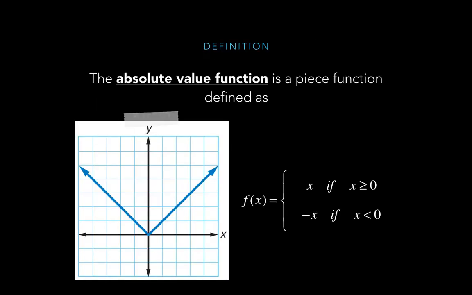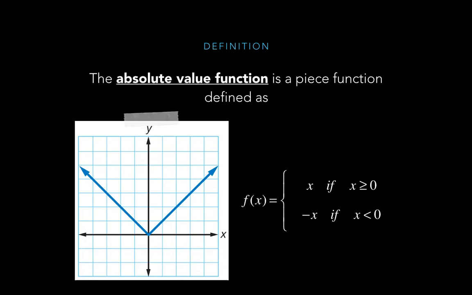Another type of function that we are going to see and use this year are absolute value functions. And absolute value functions are really a type of piecewise function, just like the greatest integer functions were a type of piecewise function. Here is the function rule that defines what absolute value functions are.